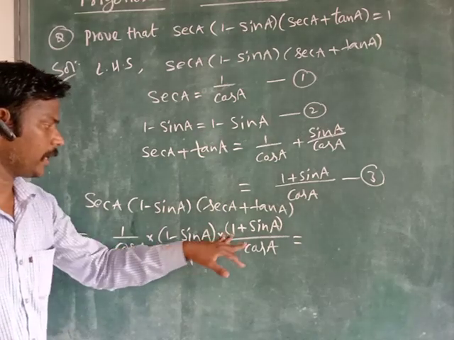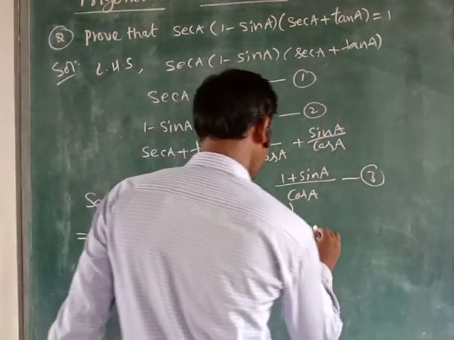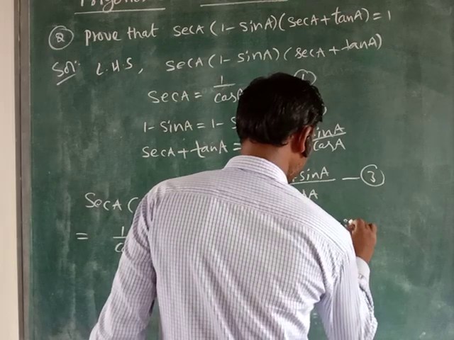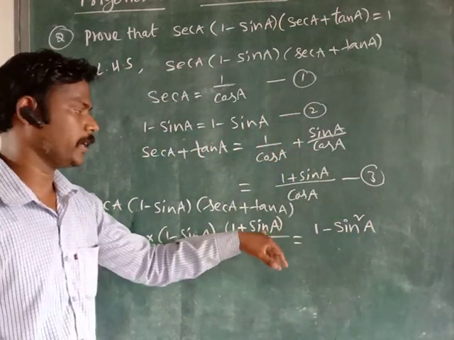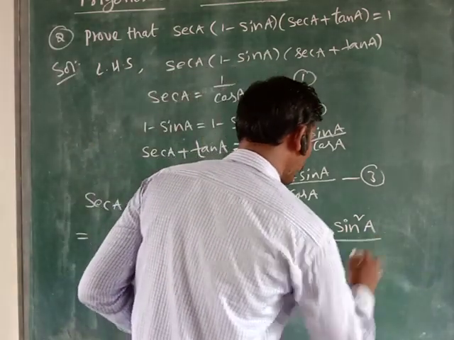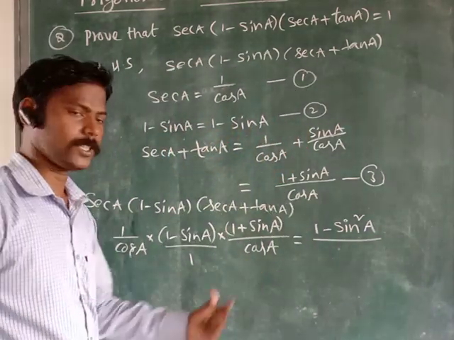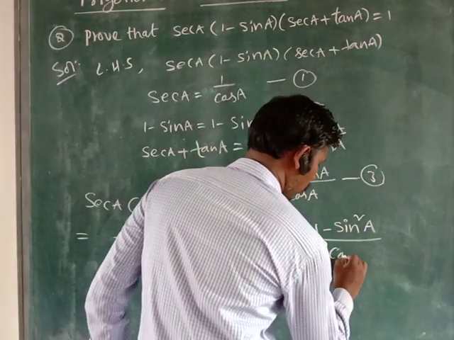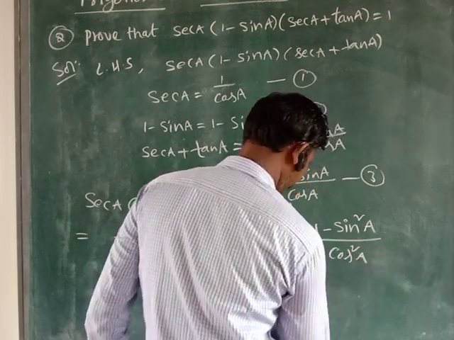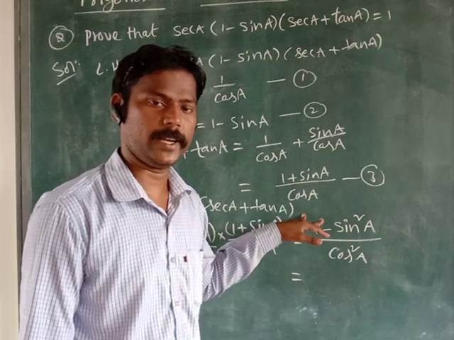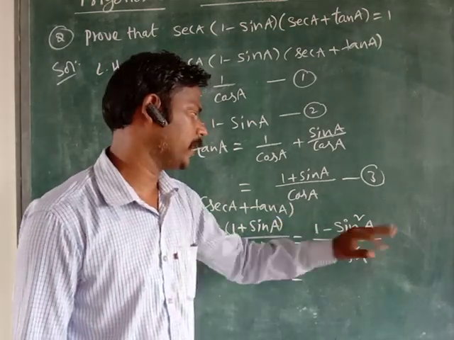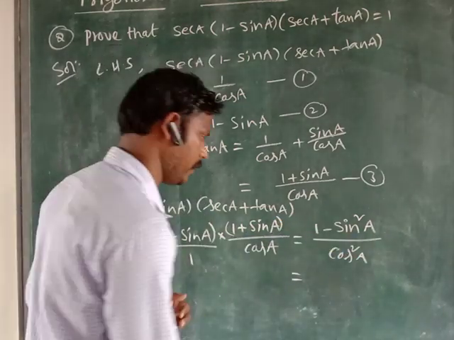So how do we write (1 minus sin A) into (1 plus sin A)? It is 1 minus sin square A, that means (A minus B) into (A plus B) is A square minus B square, over cos A into cos A, that is cos square A. We already have the trigonometric identity result: 1 minus sin square A is equal to what, children?